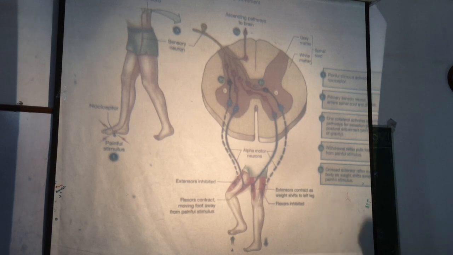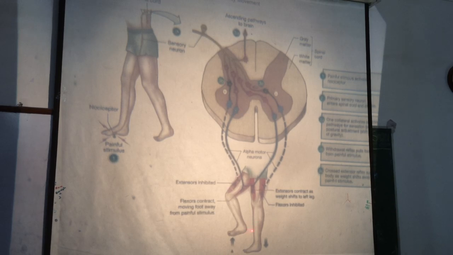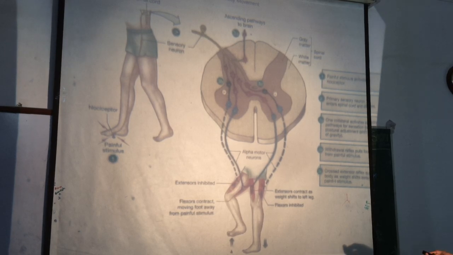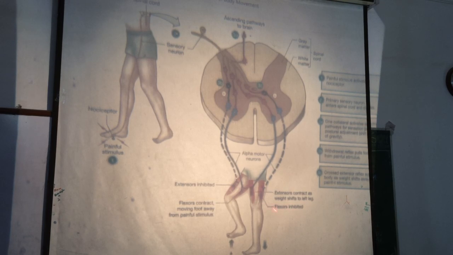Now what about the other side? On the left side, extensors are excited and flexors are inhibited. On the left leg, the extensors are excited while the flexors are inhibited.